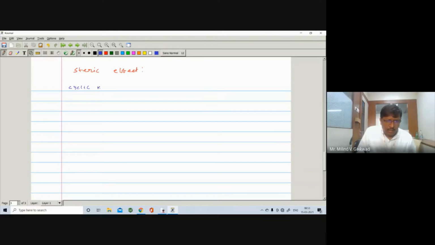For example, here is cyclohexanone, double bond O, then cyclopropanone, then cyclobutanone.